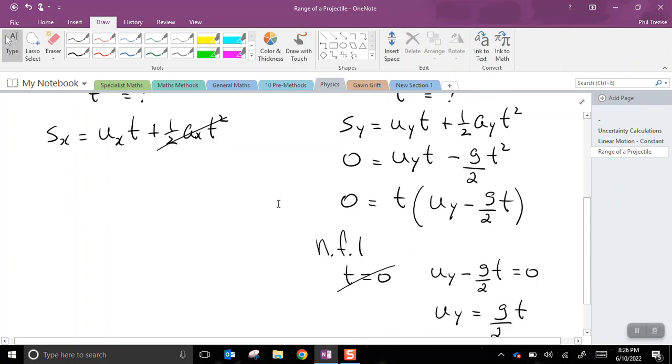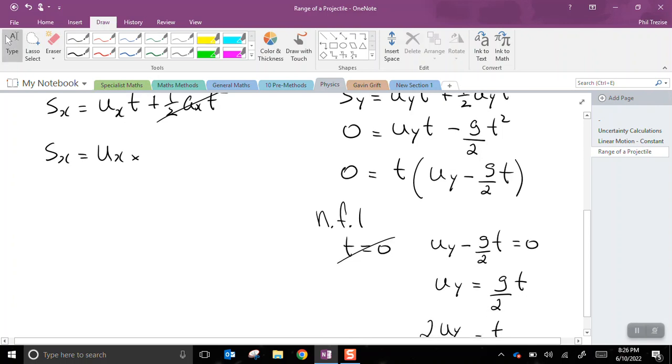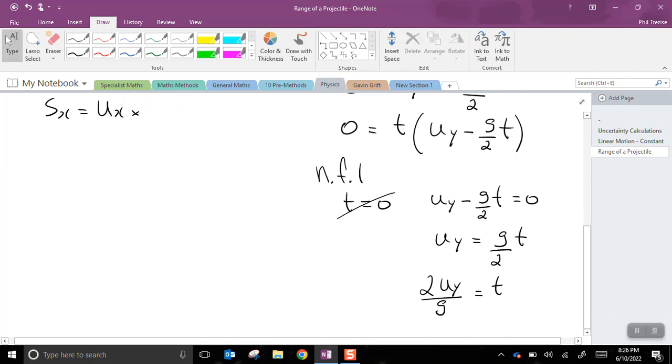So the formula is quite straightforward. The range of the projectile is ux multiplied by the time of flight. And the time of flight is down there. It is 2 times uy divided by g. I'll just move the 2 to the front.